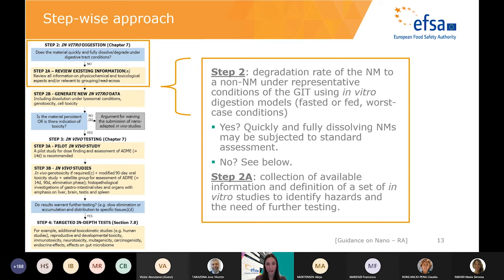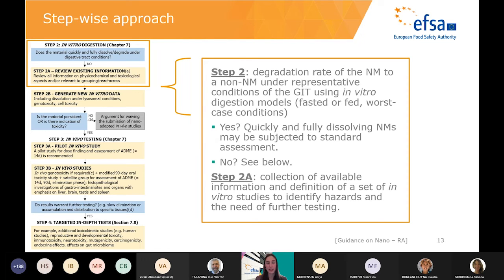If the material quickly and fully dissolves or degrades under the digestive tract conditions, there's no need to continue the assessment. If no, the assessment can continue.